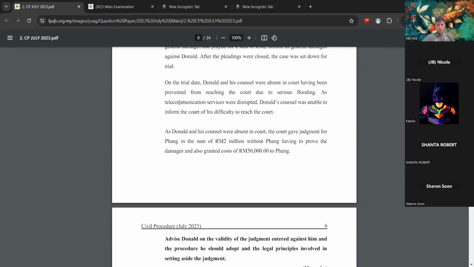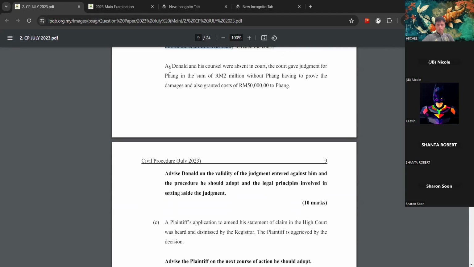As telecommunication services were disrupted, Donald's counsel was unable to inform the court of his difficulty to reach the court. As Donald and his counsel were absent, the court gave judgment for Pang in the sum of 2 million ringgit without Pang having to prove the damages and also granted costs of 50,000 to Pang.